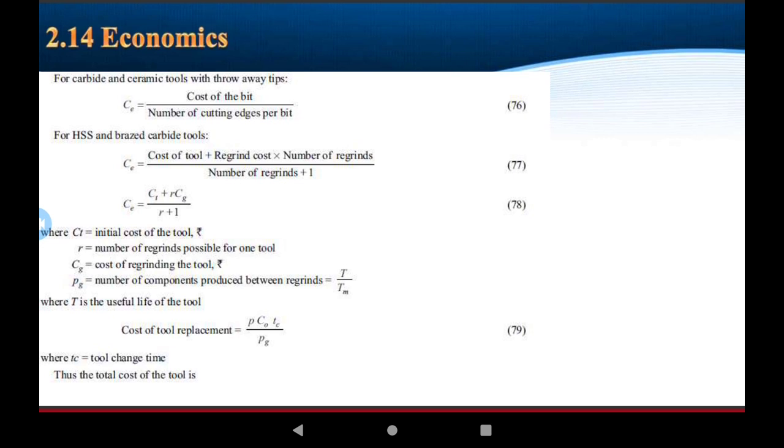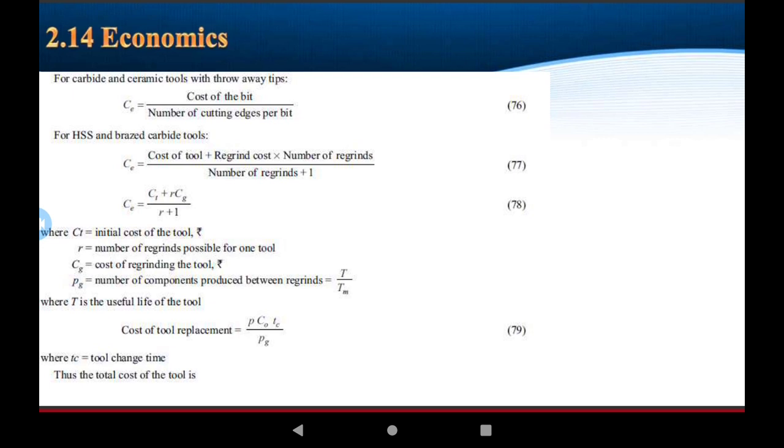By using high-speed steel tools in this operation, or carbide tools, C is the cost of the tools and regrinding cost, upon the number of regrindings plus one. This is also summarized for this operation: C is the cost of tools plus R regrinding cost, upon R plus 1.